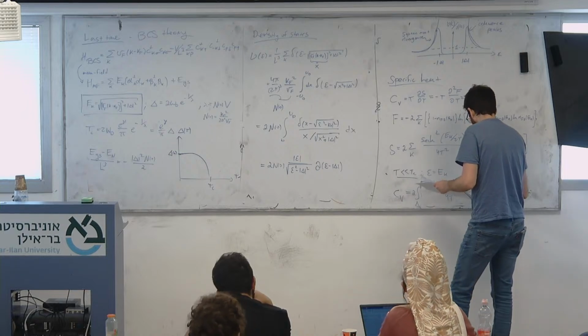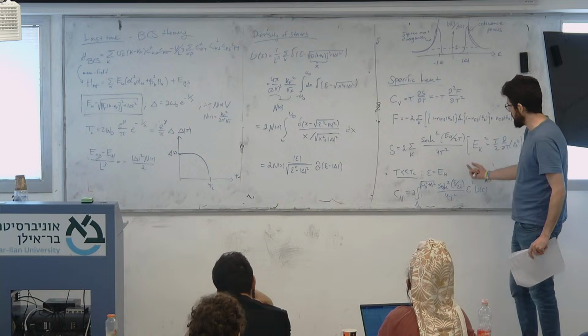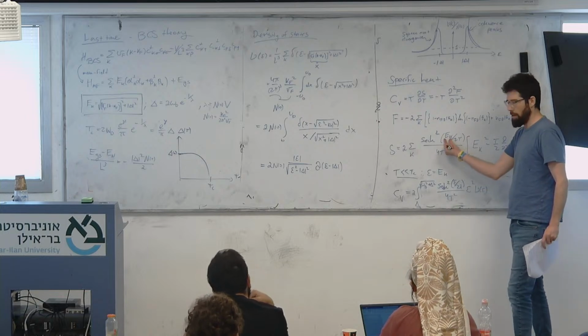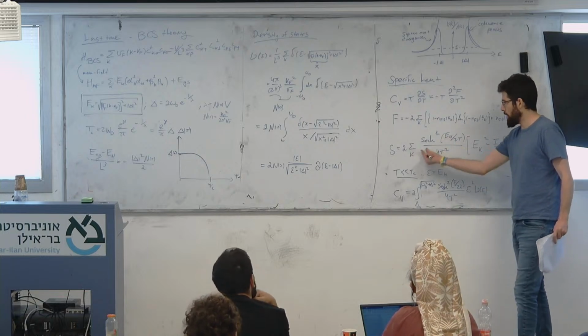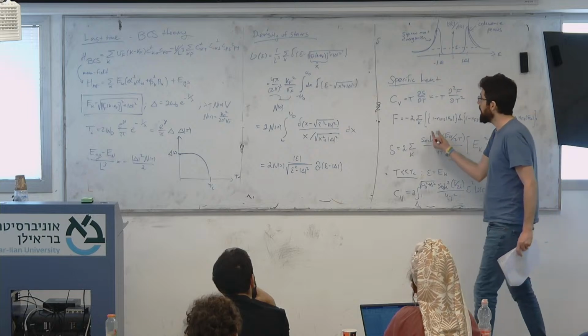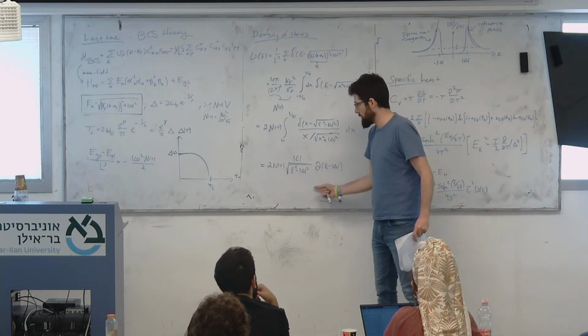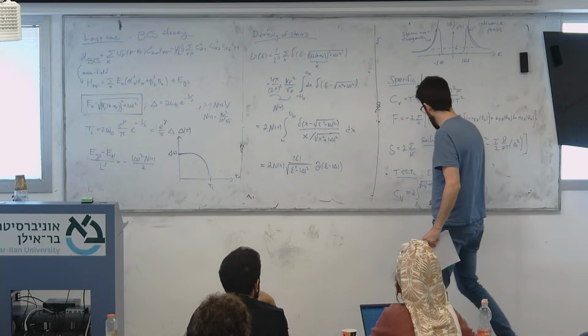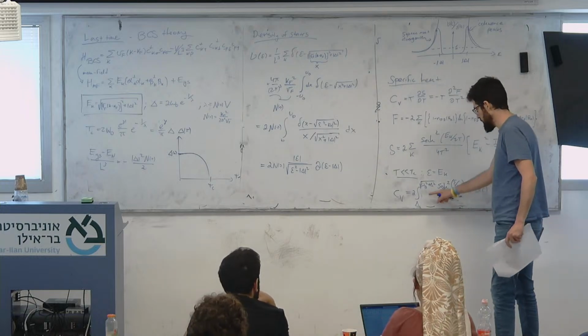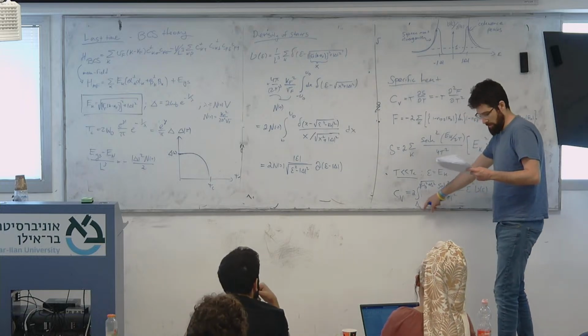Because we made the transition from an integral over k to an integral over Ek, we can use the density of states we already have, and that's why we start the integral at delta.